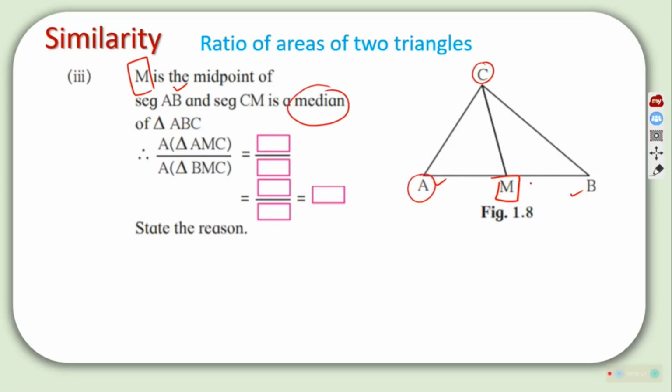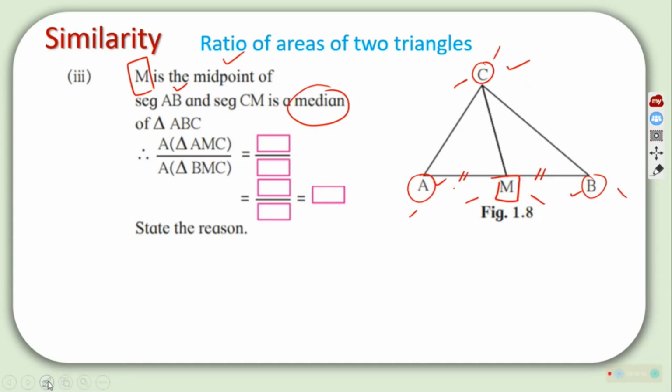This is the triangle ABC, and in side AB, M is the midpoint, so AM is equal to BM. Now the question is to compare the ratio of area of AMC with that of BMC. It's a very special question.